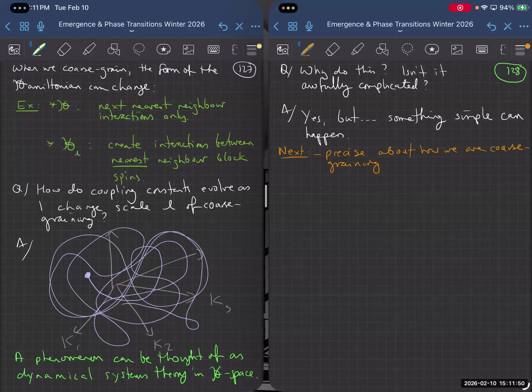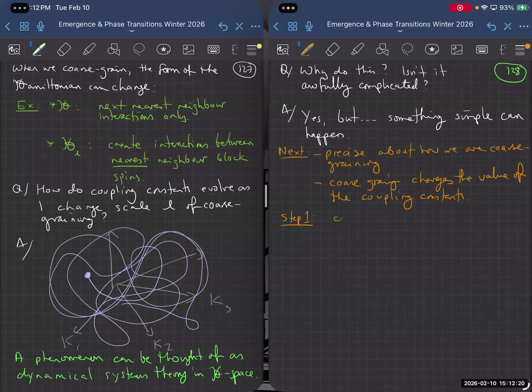So the basic idea is that coarse graining changes the value of the coupling constants. So you could imagine this happening as step one.